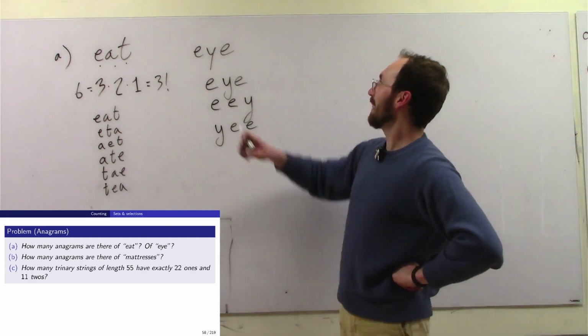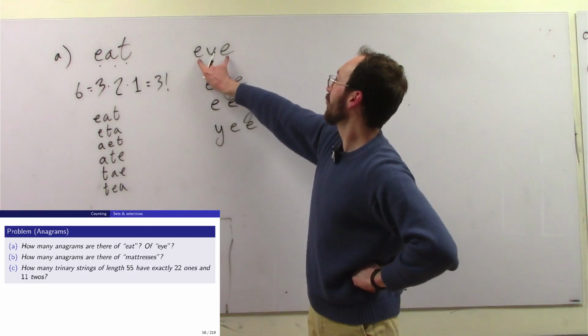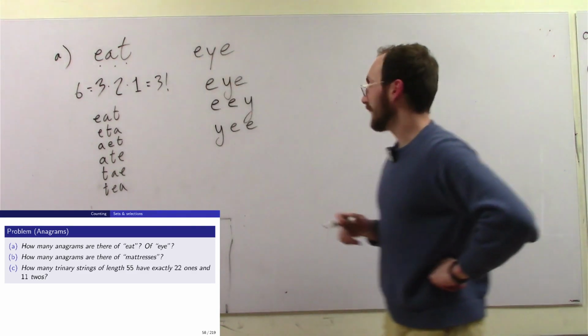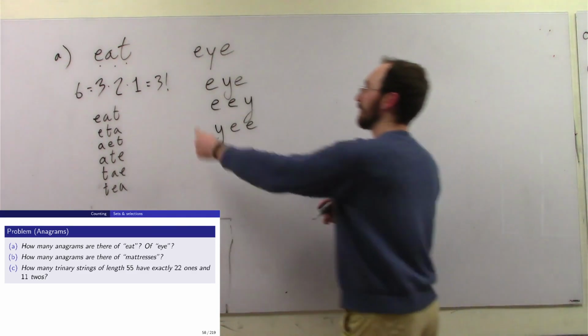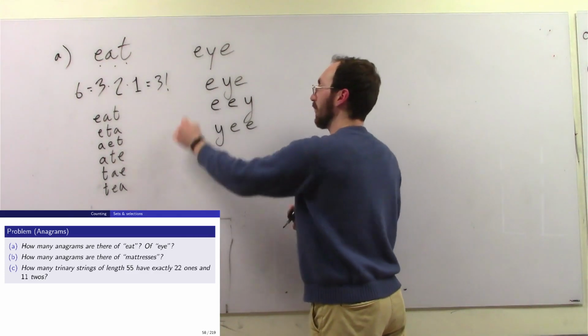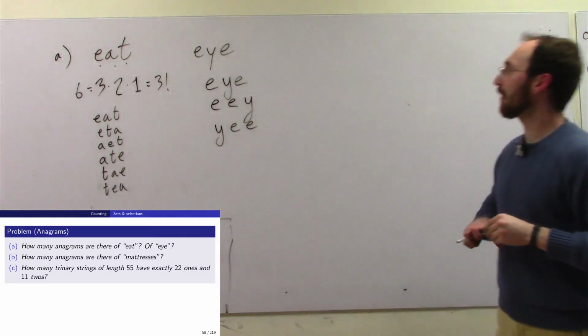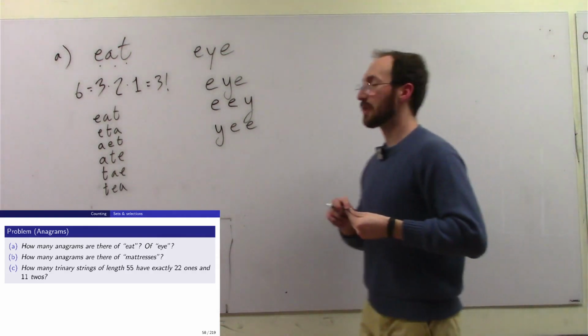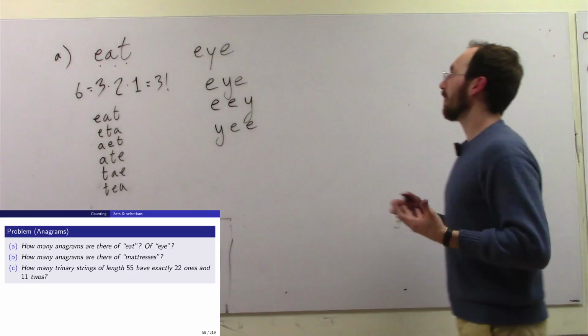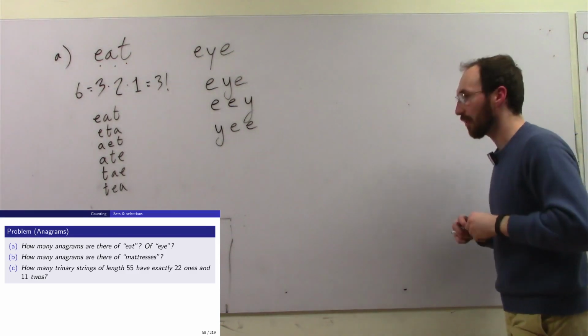Okay, so now with this repetition here, I guess it's sort of clear here, we halved our possible anagrams. Now how do we actually figure this out using binomial coefficients?